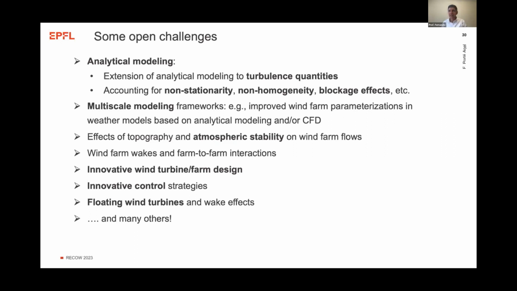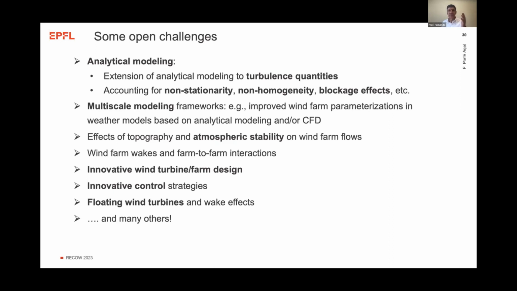And of course, I think there is starting to be a lot of attention, and there will be a lot more in the coming years, on floating wind turbine technology, because going offshore, as we discussed, is a very interesting option. For example, something we started to look at is the effect of the motion, because there is going to be a motion of the turbines when you put a floating turbine.